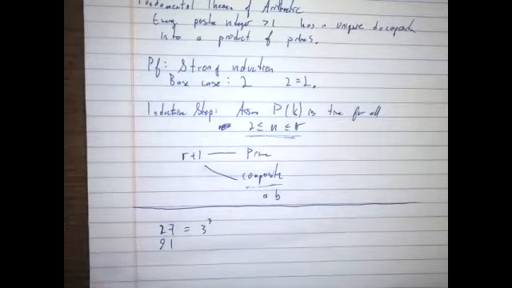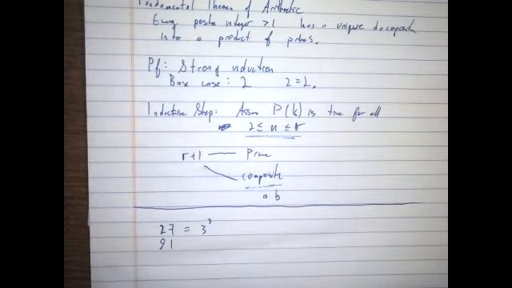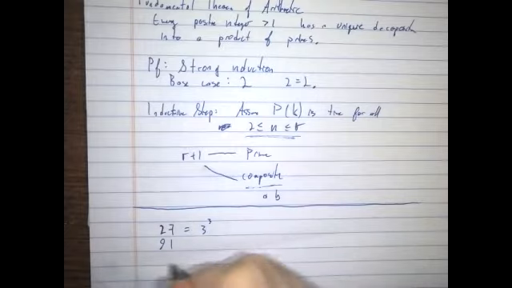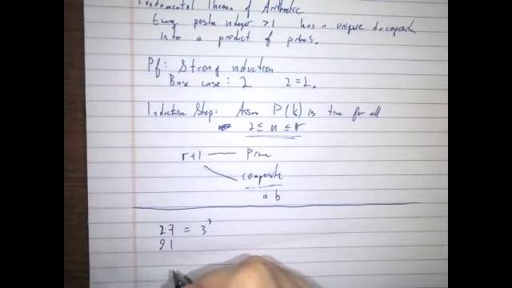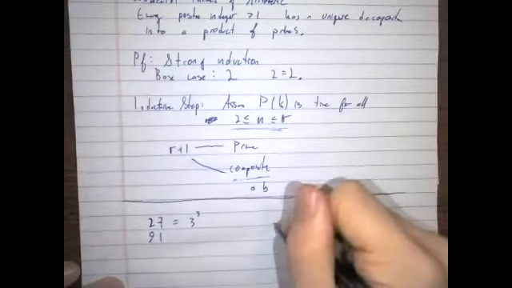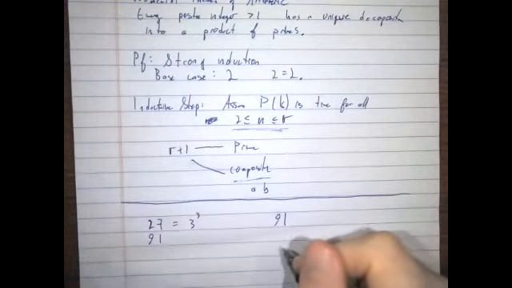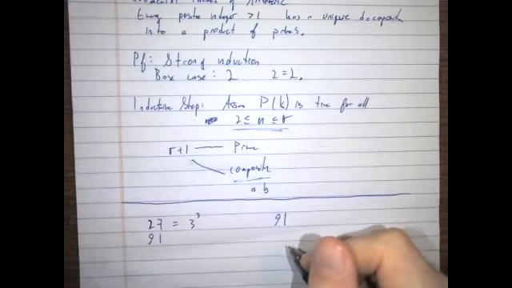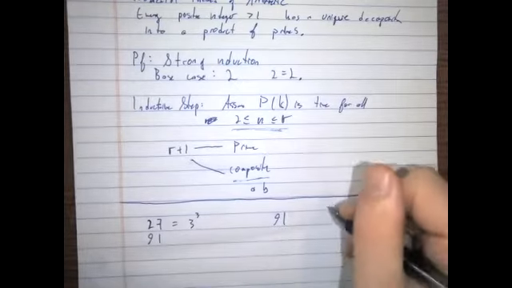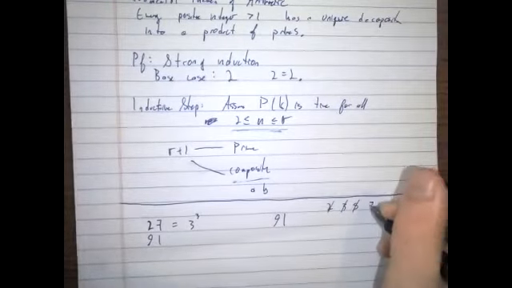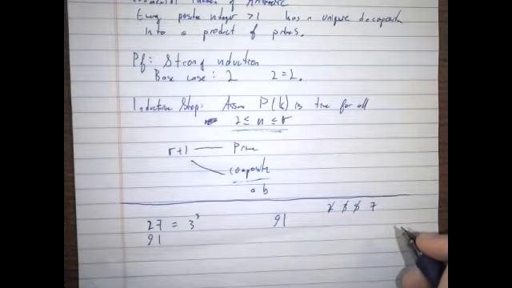Is 91 divisible by, okay. So what are the prime factors of 91? First of all, 91 is not divisible by 2. So I can make a little tree, 91. Is 91 divisible by 3? No, because 90 is divisible by 3. 91 is also not divisible by 5. So 2, no. 3, no. 5, no. 7. Is 91 divisible by 7? 70, 77, 84.